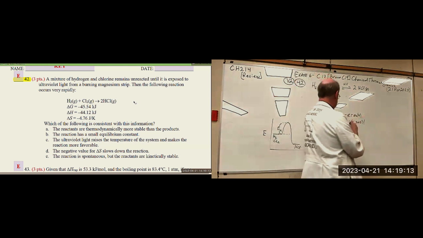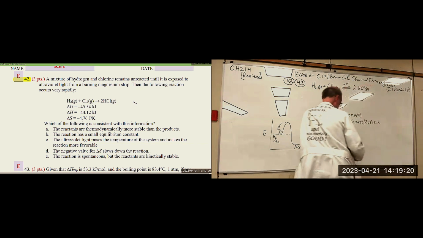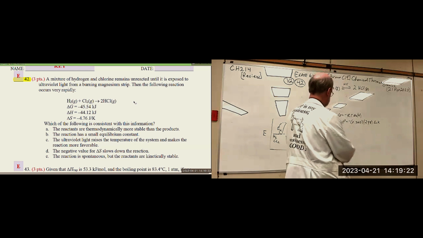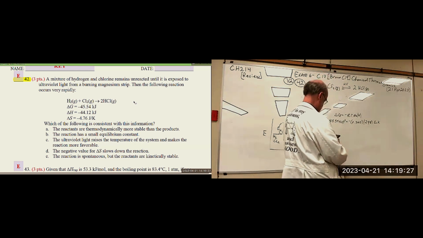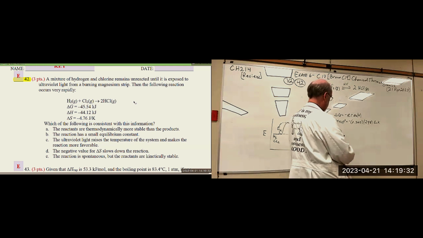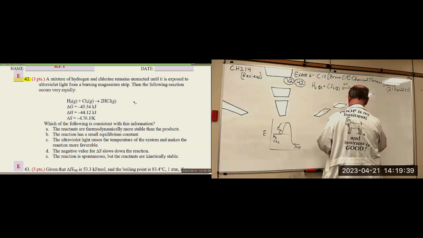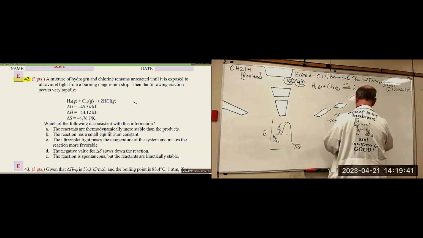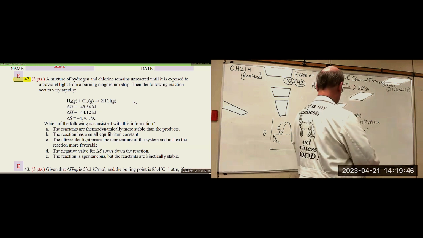We have to assume the temperature is room temperature, 298. Then ln K. Okay, so let's see what the K is.